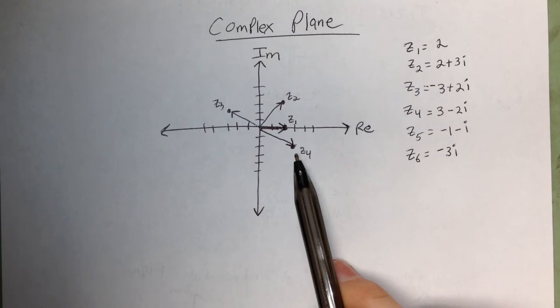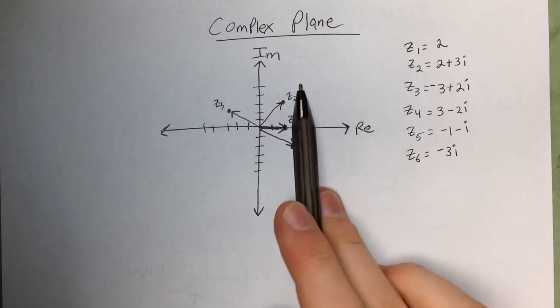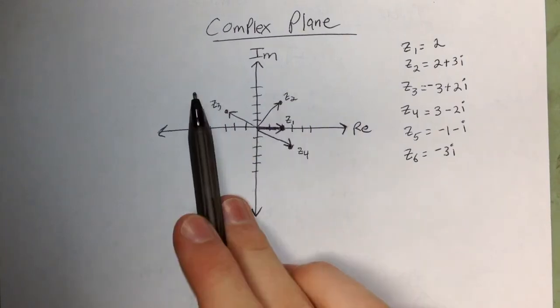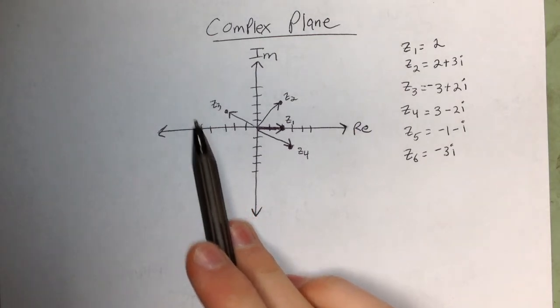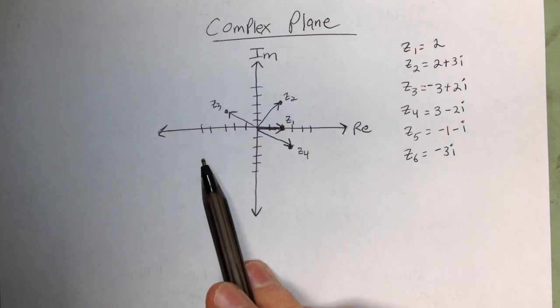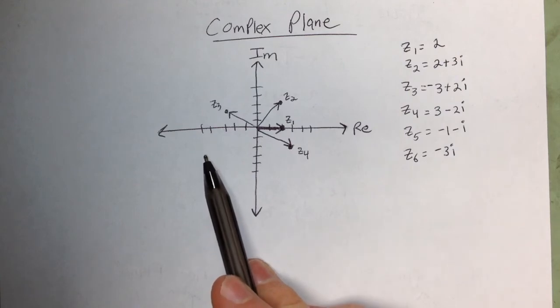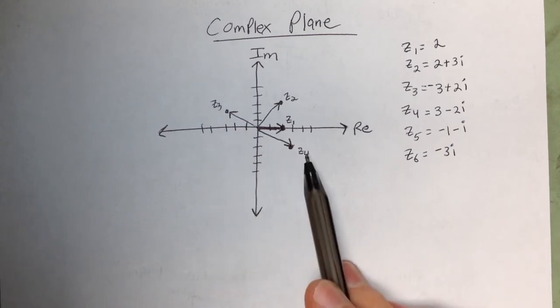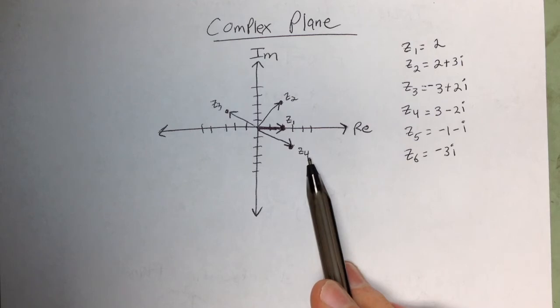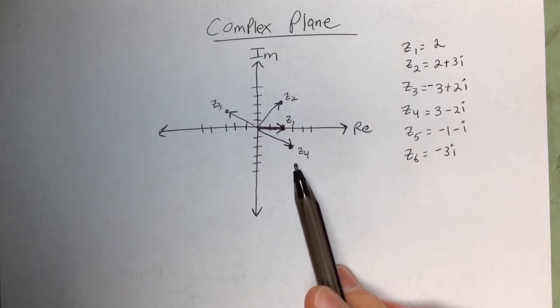So if both the real and imaginary parts are positive, it's going to be in quadrant 1. If the real part is negative, but the imaginary part is positive, it'll be in quadrant 2. If the real part is negative and the imaginary part is negative, it will be in quadrant 3. And if the real part is positive but the imaginary part is negative, it will be in quadrant 4.